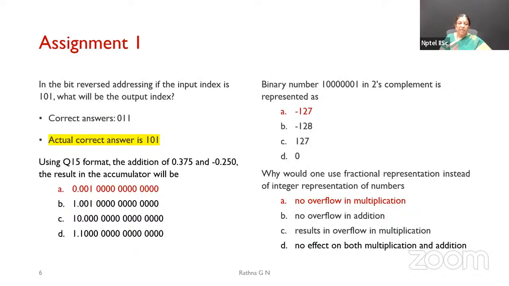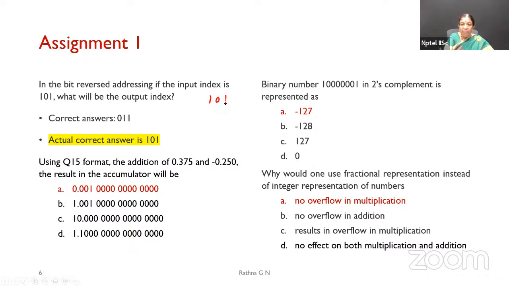So in bit reversed addressing, if the input index is 101, what will be the output index? That is what is asked. In this case, as you can see, it is 101.